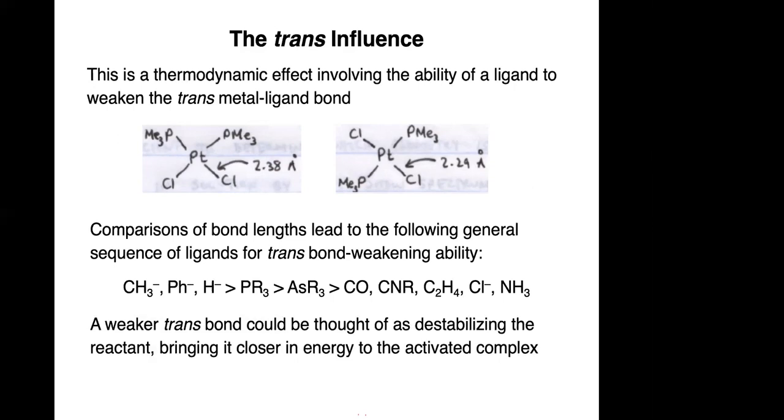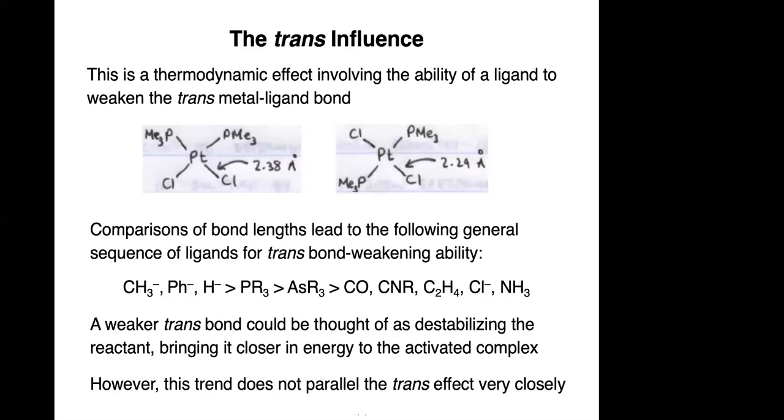So why would this impact this kinetic effect of the trans effect? The idea here would be that a weaker trans bond could be thought of as destabilizing the reactant species and bringing it closer in energy to the activated complex energy. Right? But as we've already noted, this trend does not parallel the trans effect very closely, and so it's not the main source of the trans effect.